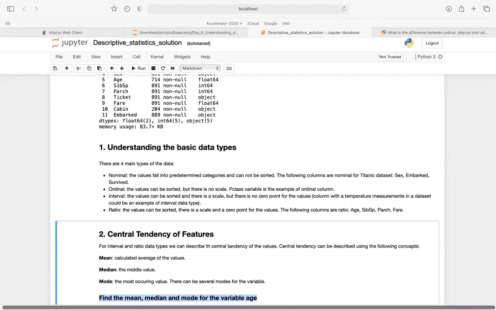How do we find the mean, the median, the mode for the variable age?